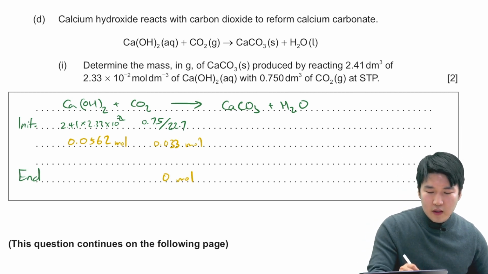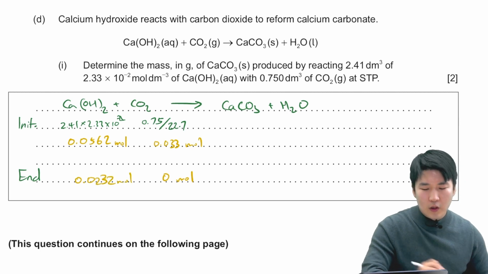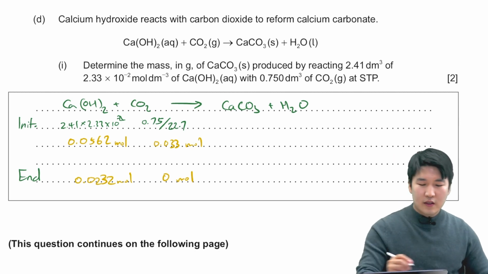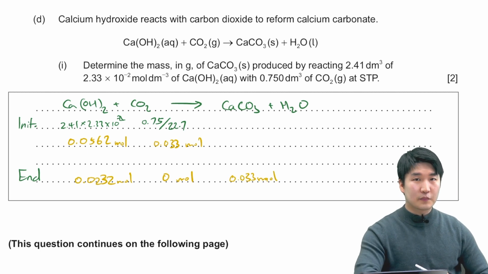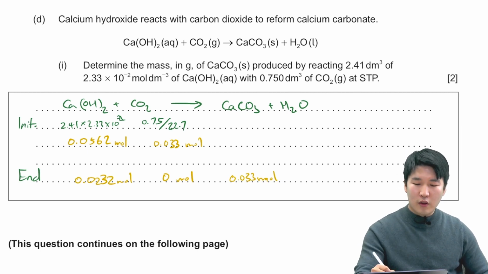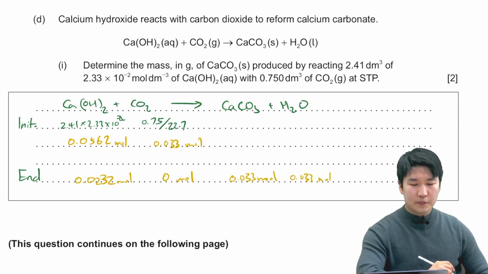We will have 0.0232 mole of calcium hydroxide, and we'll have 0.033 mole of calcium carbonate, 0.033 mole of water.